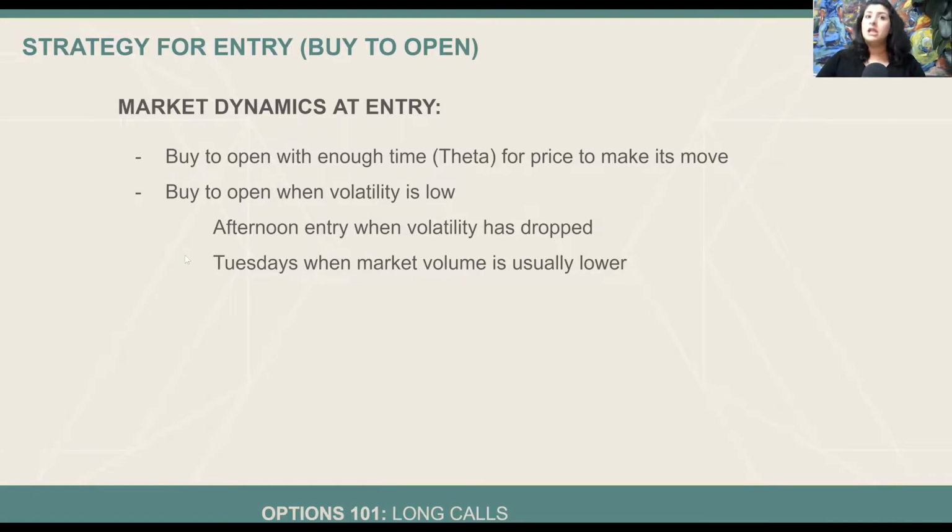But normally Tuesday, I don't want to say a bearish day, but usually you will see underlyings take back some of their gains from the bullish Friday and Monday, which see a lot of volume in the market.